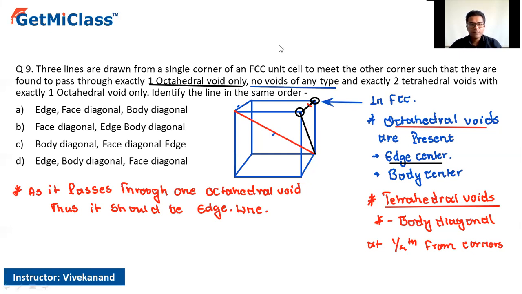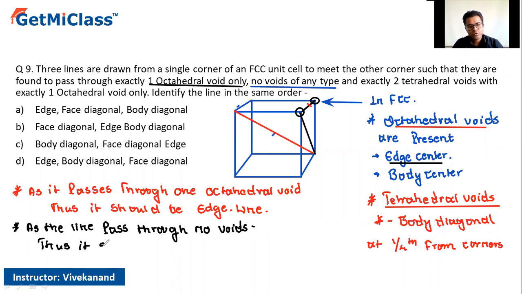So therefore, our second point would be a line that passes through no voids. In such cases, thus it should be the face diagonal, right?